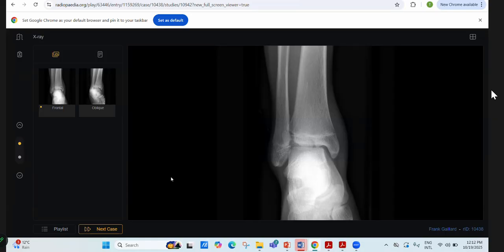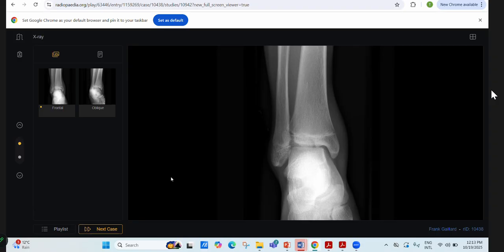So I cannot appreciate any discrete fracture line passing through the cortex of the tibial shaft or fibular shaft. The styloid process of the fibula and tibia are unremarkable. A thin radiolucent line is seen to traverse through the tibial plafond, concerning for a fracture with surrounding sclerosis.